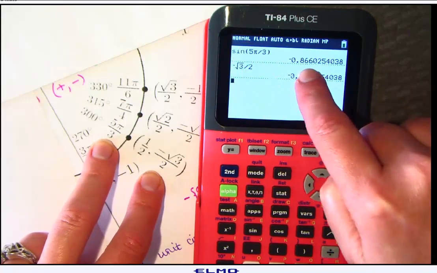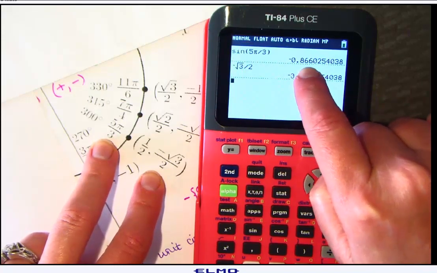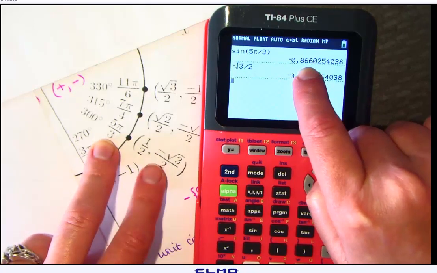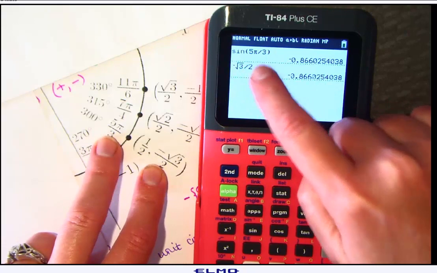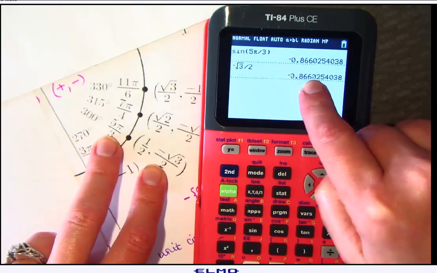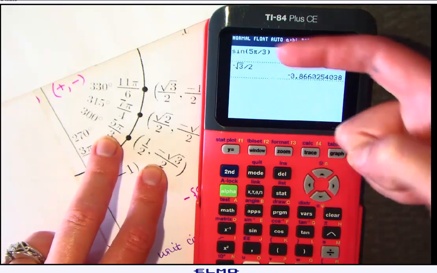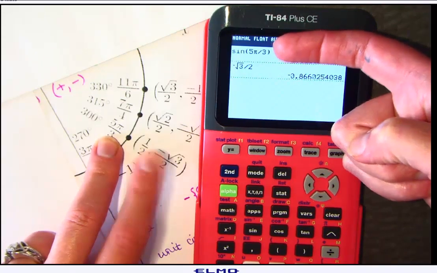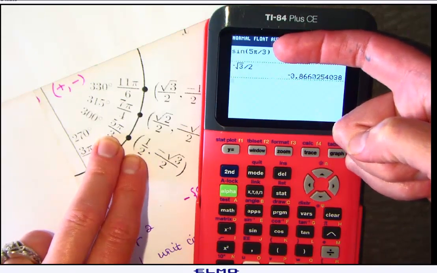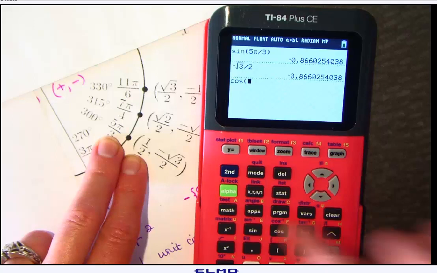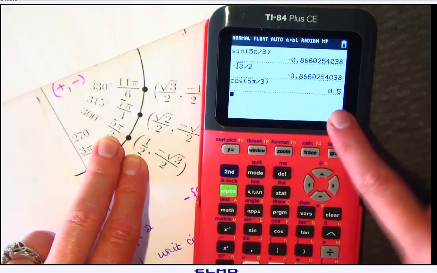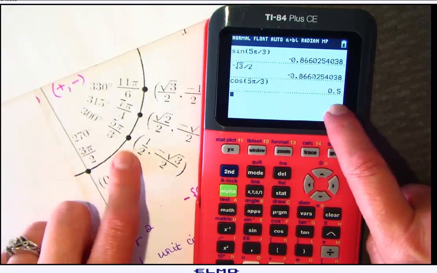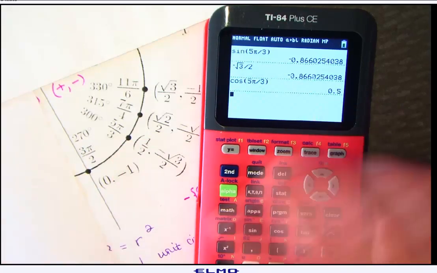So if I know the sine is negative square root 3 over 2, I can find the angle that goes with it. I can type it in my calculator to make sure I've got the right thing. And then if I just want the cosine of that same angle, the x-coordinate, I would go for the cosine of that same angle measure in radians. Positive 0.5, positive 1/2.